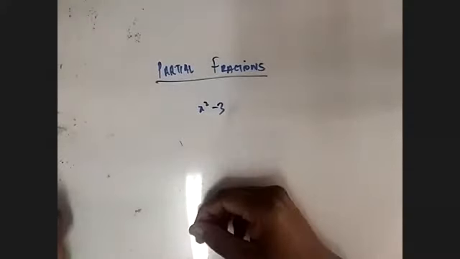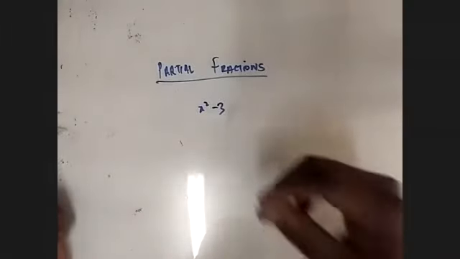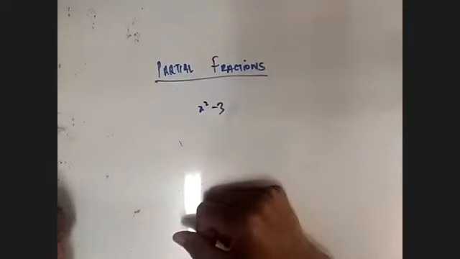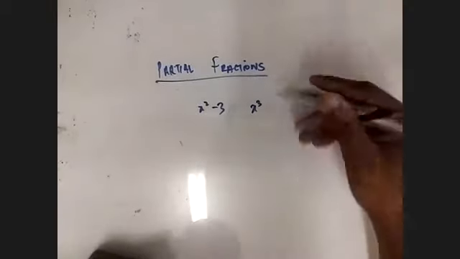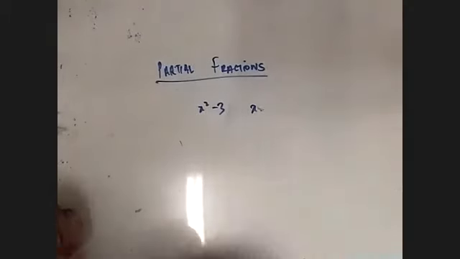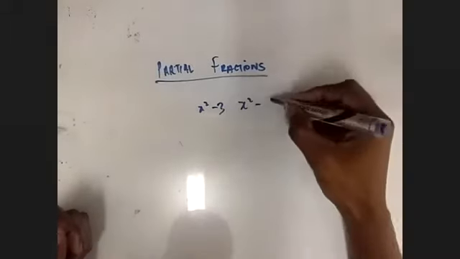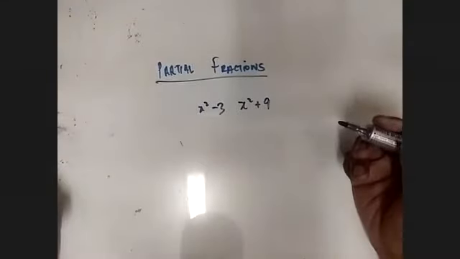So we are saying that we are only dealing with polynomials that can be factored into a product of linear or irreducible quadratic factors, such as x squared plus 9. This cannot be reduced any further.